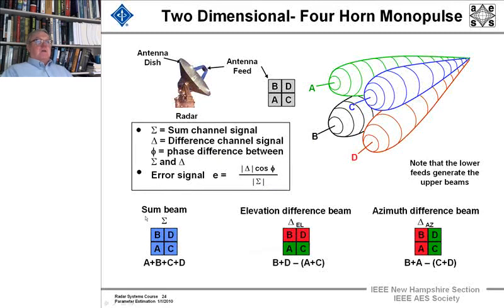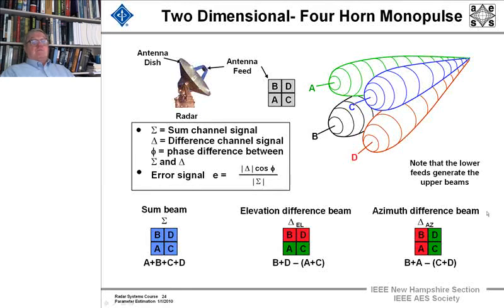Now, the way that's done, I'm going to show you algebraically in a minute, but the sum beam is made up of just adding together, in that block diagram I showed you on the previous viewgraph, the return you receive from all of the four feeds. The elevation difference is B plus D minus A minus C, and that's the elevation difference, delta sub elevation.